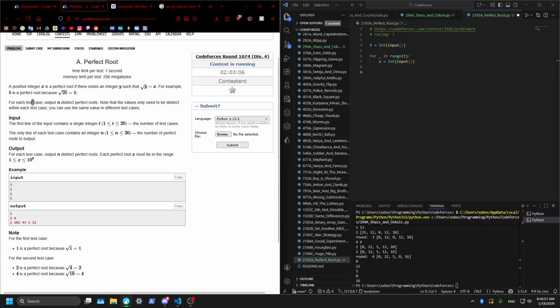For each test case, output n distinct perfect roots. Distinct. I don't understand what jumbles it up here. Like, why can't we do 4?